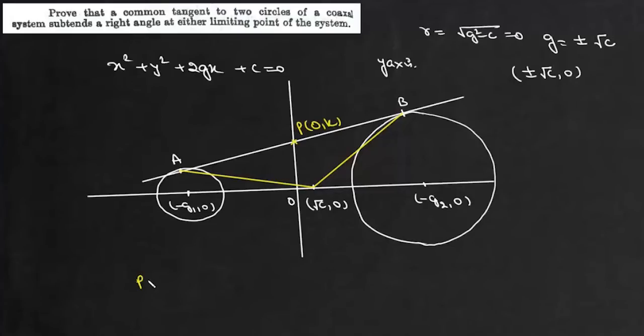Now we can write PA square, which is S1, and it will be K square plus c, and it will also be equal to PB square. So basically PA is equal to PB.